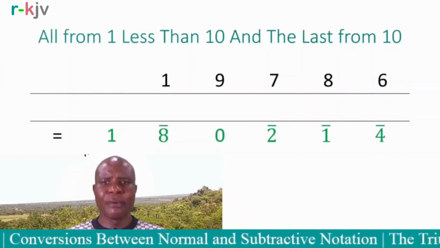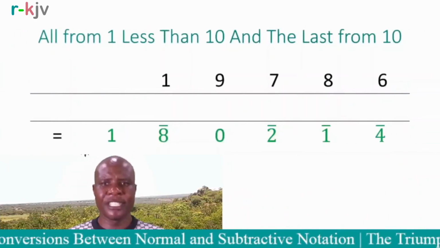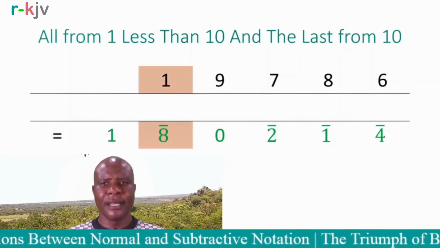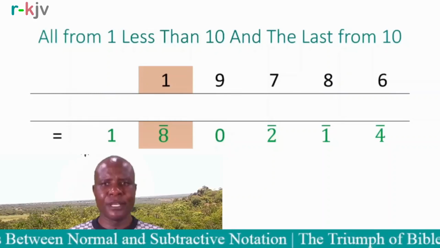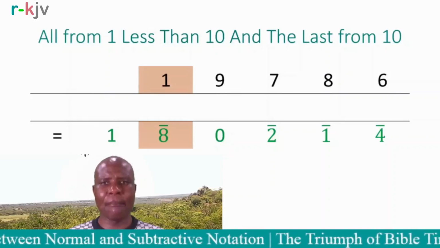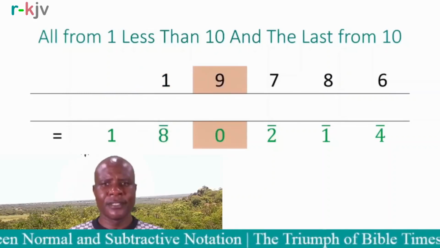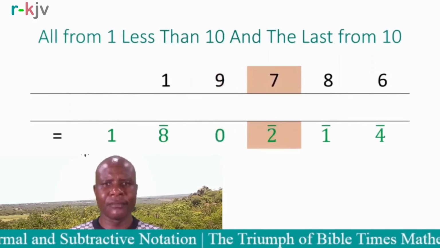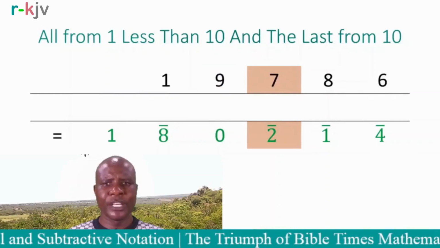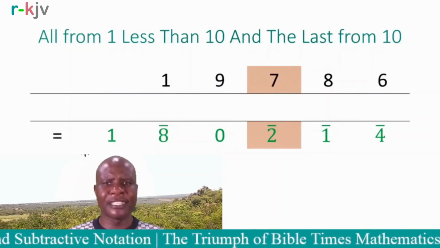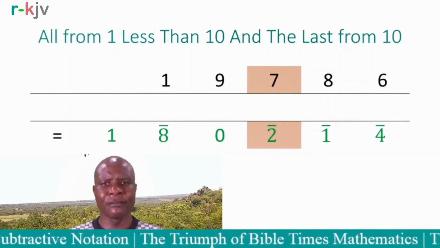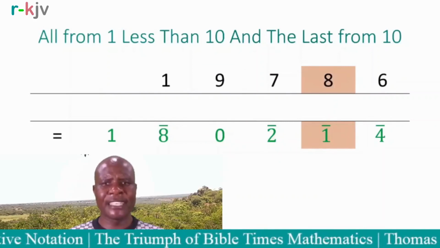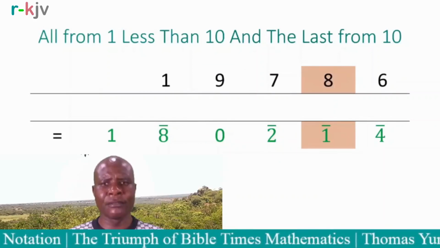Let us now compare the magnitudes of the initial digits to those of the final digits. 8 in bar 8 below is 9 less 1 above. 0 below is 9 less 9 above. 2 in bar 2 below is 9 less 7 above. 1 in bar 1 below is 9 less 8 above.